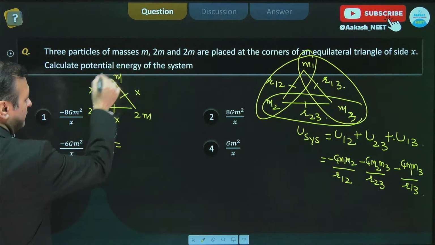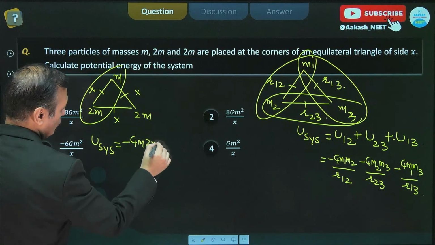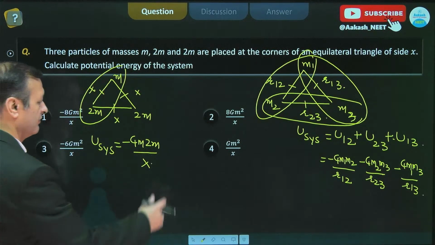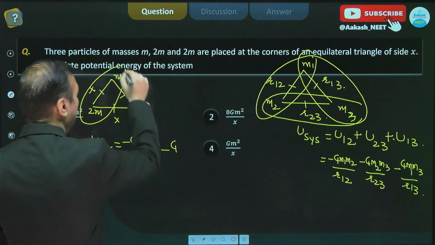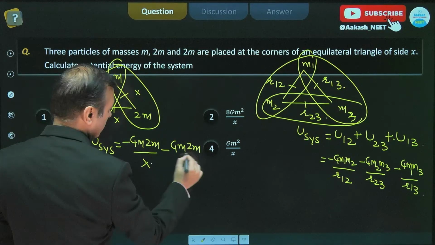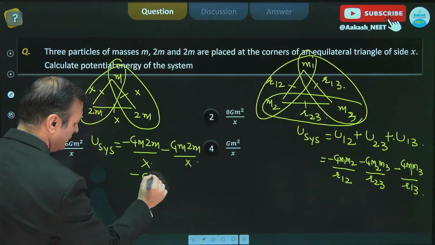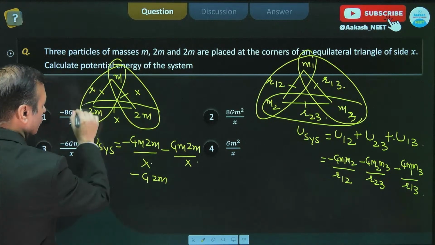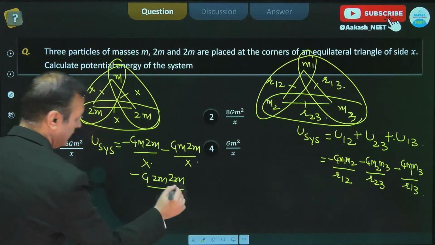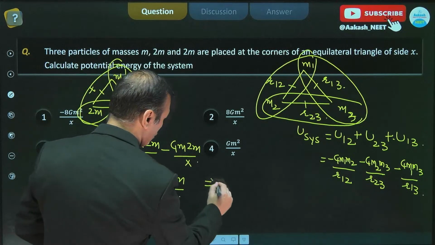The very first pair is minus G m into 2m by x. The second pair is minus G m again 2m by x, and the third pair, I am talking about this pair, is minus G 2m into 2m by x. Now add them all up.